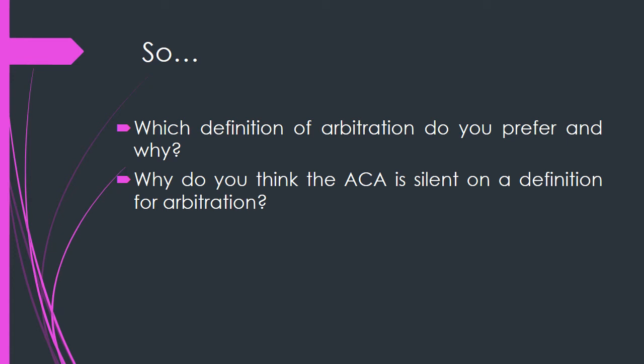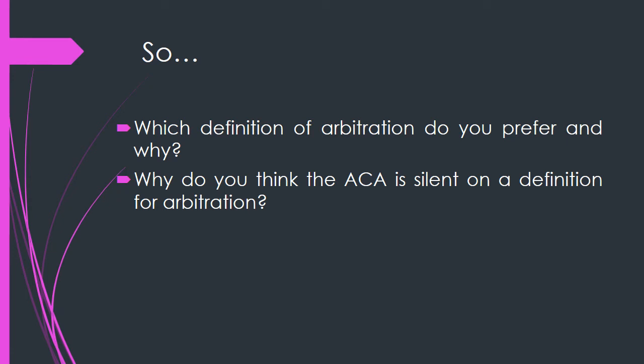Personally, I prefer Brown and Marriott's definition simply because it is the most comprehensive. It's a bit of a mouthful, yes, I agree, and may be difficult to remember everything, but for the purpose of defining by identifying the features, Brown and Marriott goes to the furthest extent.